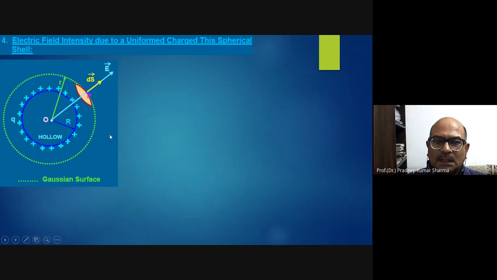Now what we are doing, we are enclosing this dotted line Gaussian surface, and this Gaussian surface has a radius of small r. Now this charged sphere with capital R radius is hollow from inside.